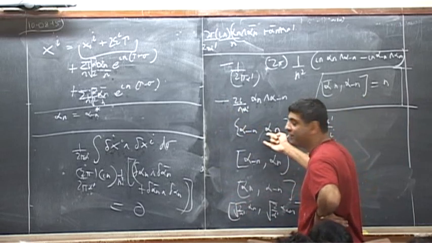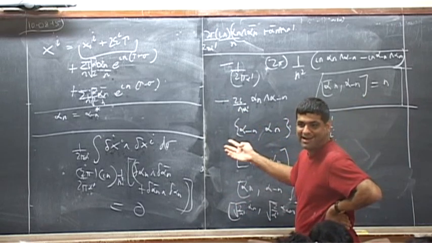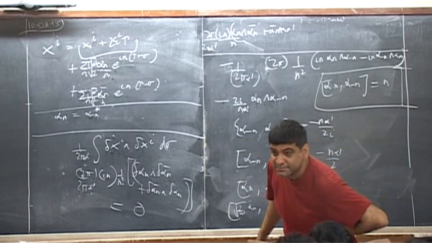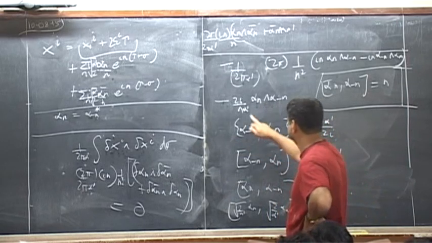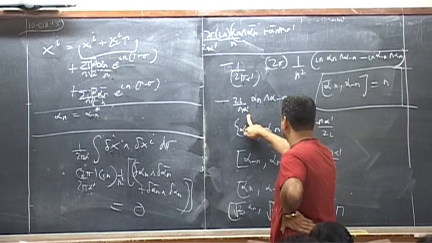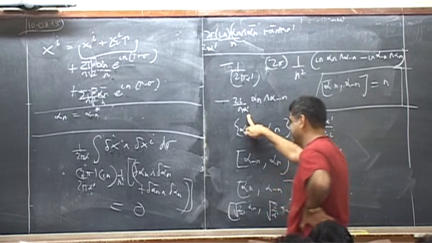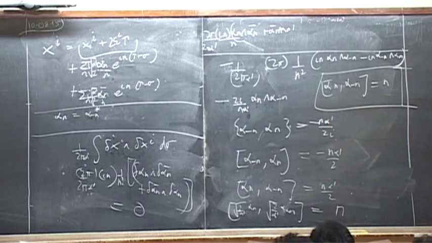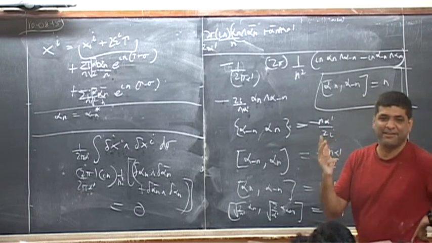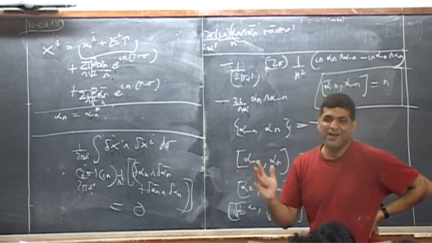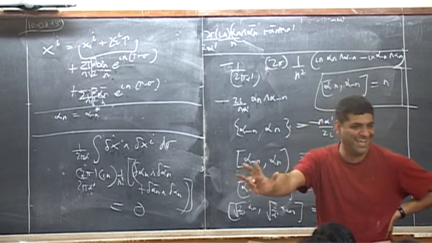Have I made a mistake in inverting? The alphas will also get an i, right? So if there's a plus on this side, it becomes a minus again. Okay, now we have two options. We can either spend the next 5 minutes tracking down the minus sign, or I can leave it to you as an exercise.